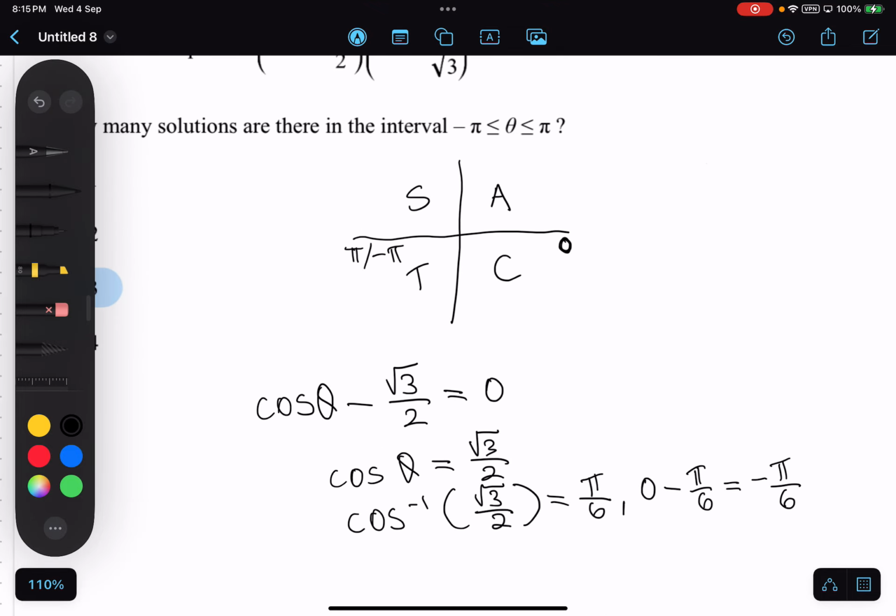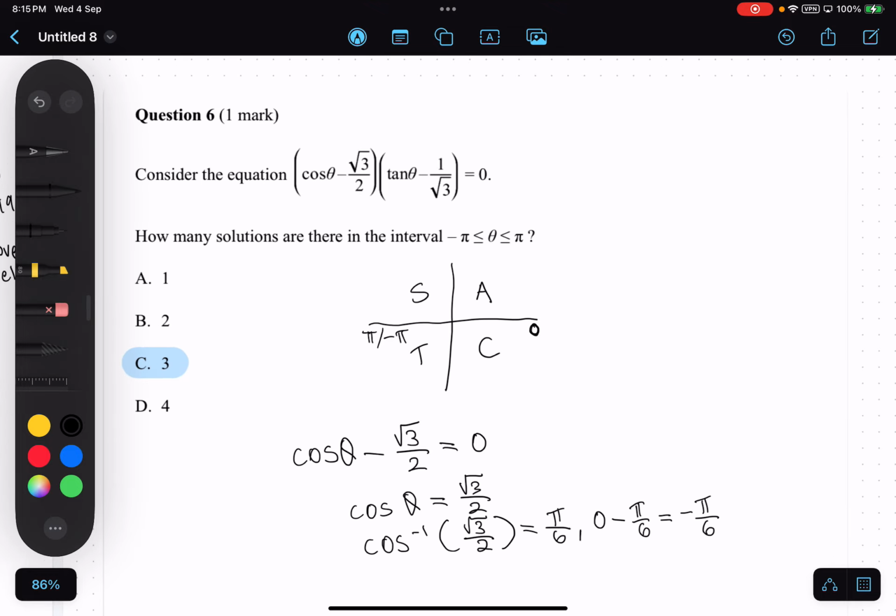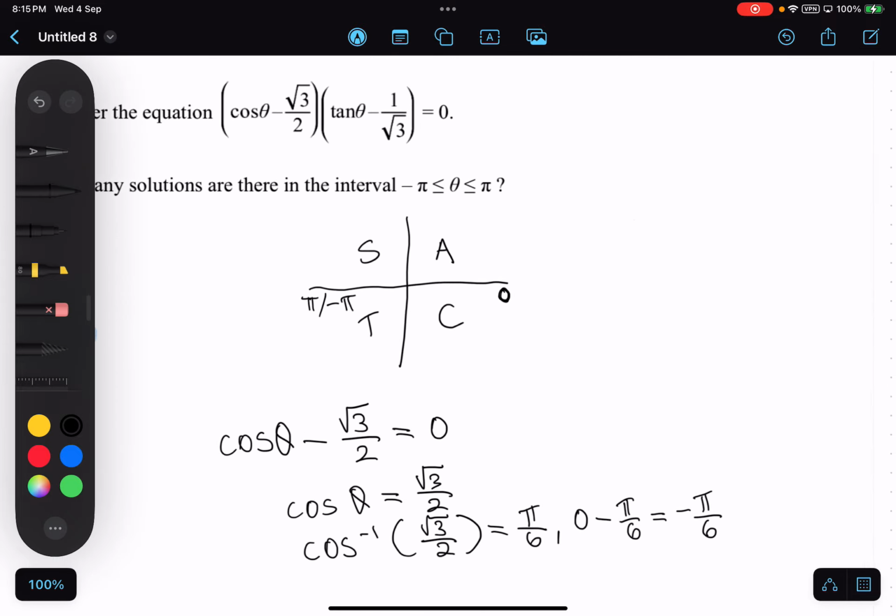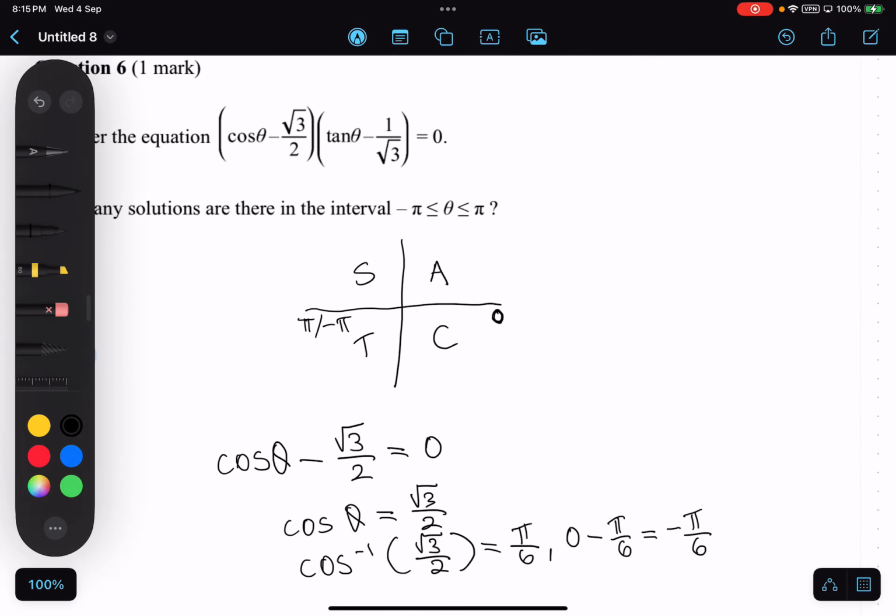And I'll just check that negative pi over 6 is correct. Yeah, and that gives you an answer of 0. Alright, so if we go to the other bracket, tan theta minus 1 on root 3 equals 0.